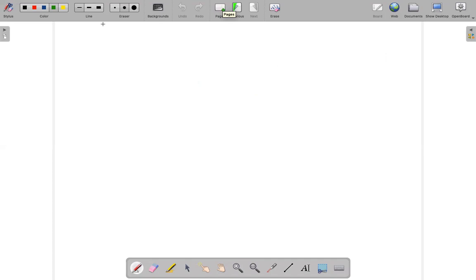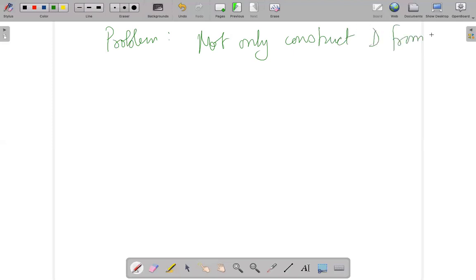So we will have the same setting. So the problem now is again the same. We have to now not only construct D from W, but also create the shortest paths.